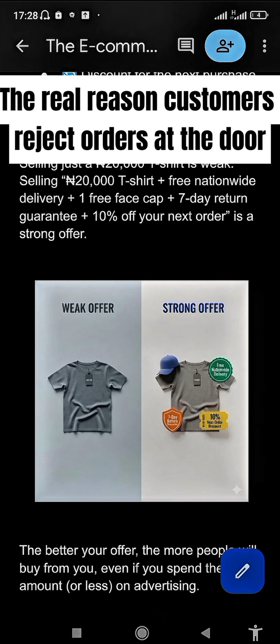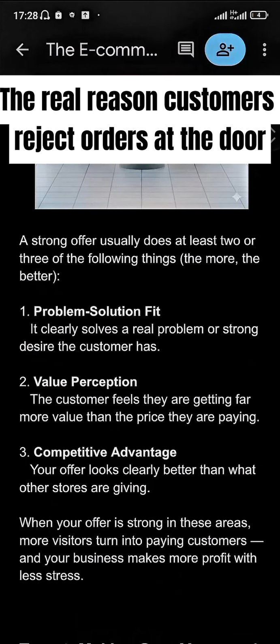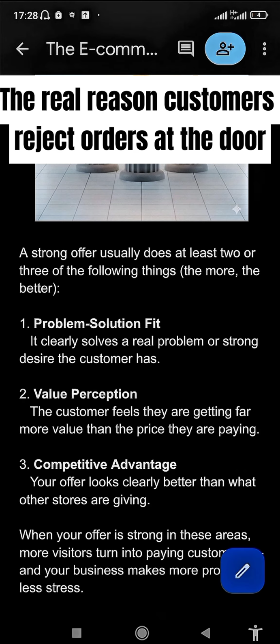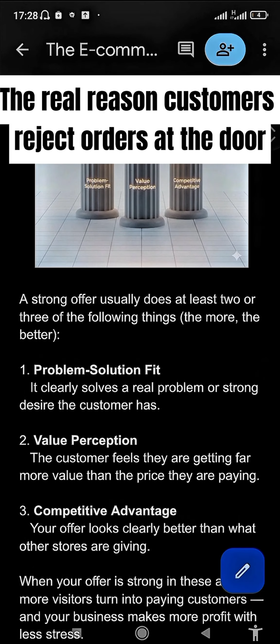Not you might, you will, because that is just how it works. The better offers get more people to buy them, and the weak offers, people don't buy them that much. So even if you're selling it for more, because you're adding other things as well, like guarantees and free deliveries and stuff like that, people will pay for what you're selling because they feel like they're getting a good deal.